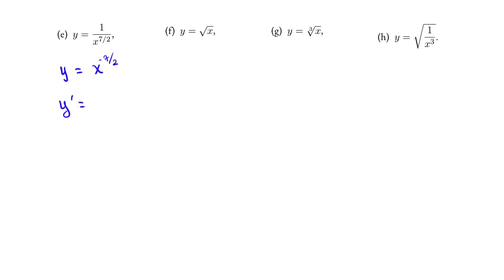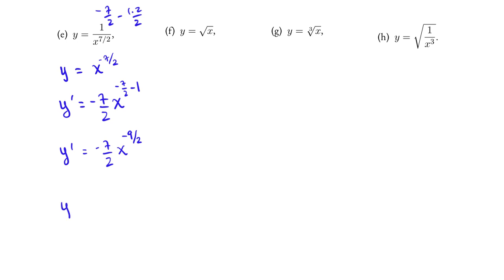Y prime equals negative 7 over 2 x to the negative 7 over 2 minus 1. Negative 7 over 2 minus 1 is the same as negative 7 over 2 minus 2 over 2, which is negative 9 over 2.